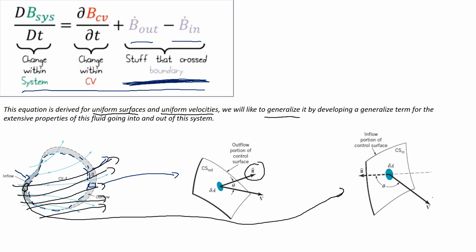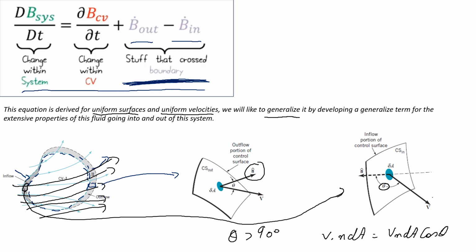So here now you can see the theta. If we take the dot product in this scenario, V dot n dA, we will get V n dA cos of theta. Here you can see that theta is not less than 90, it is more than 90. So if theta in this case is greater than 90 degrees, we will get a negative result.